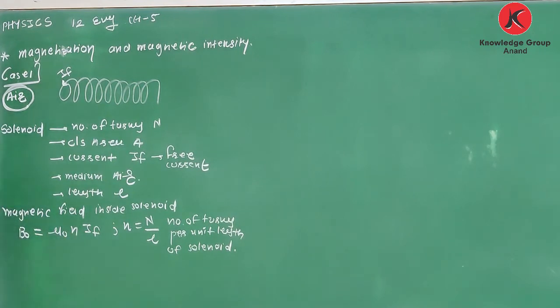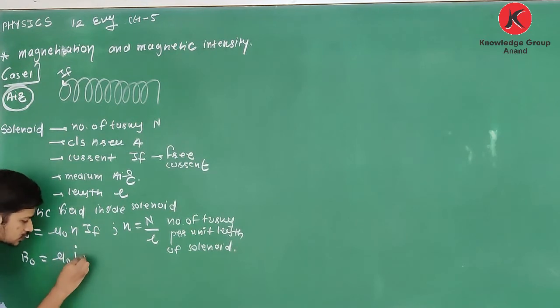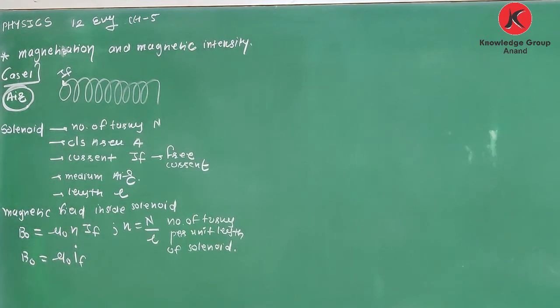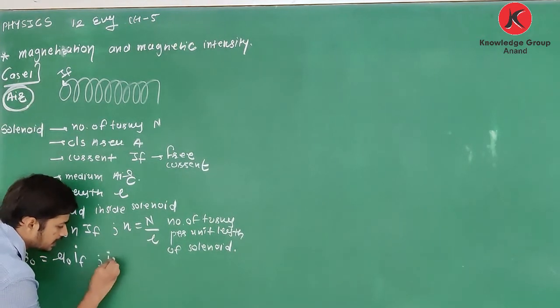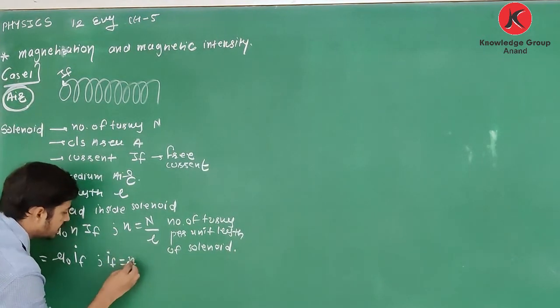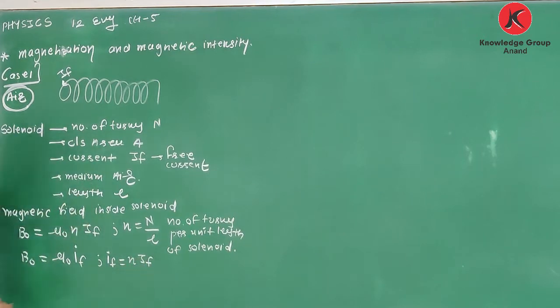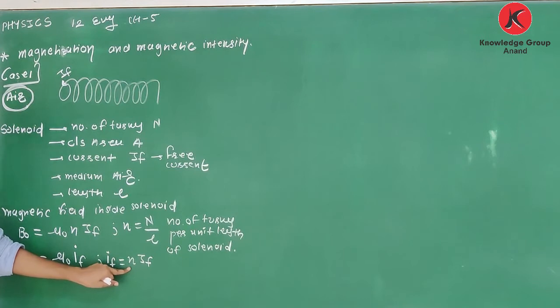Now, B0 is equal to mu0 n IF, which I can write as mu0 times small iF. Now what is small iF? Small iF is equal to n IF. What is n? The number of turns per unit length. So what is n IF?